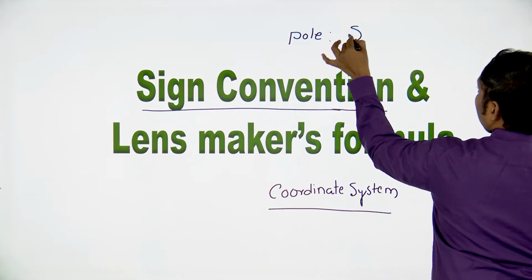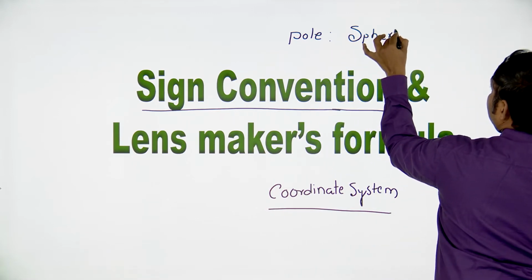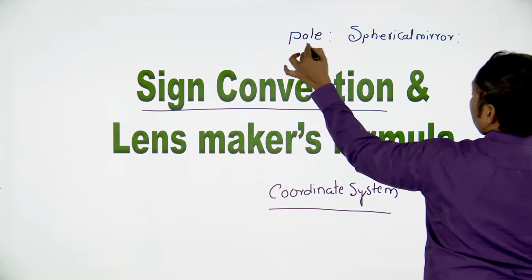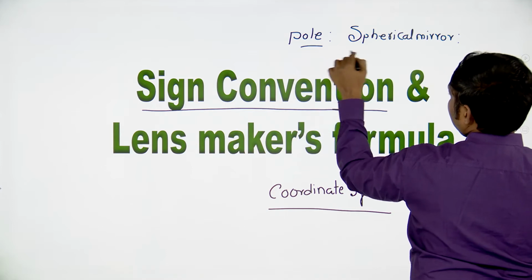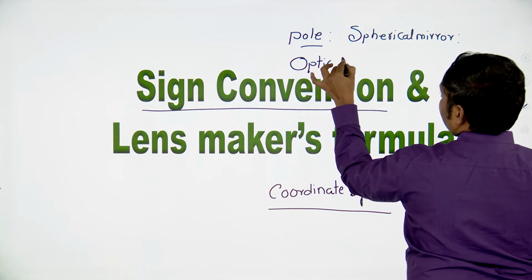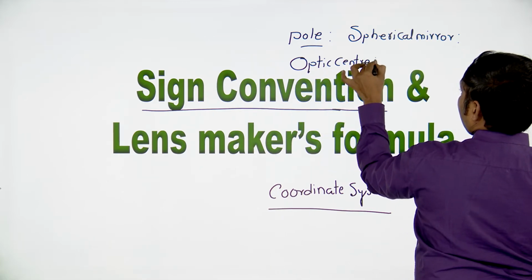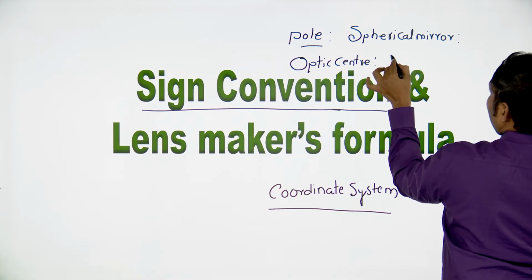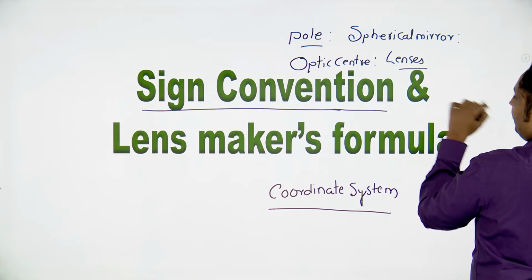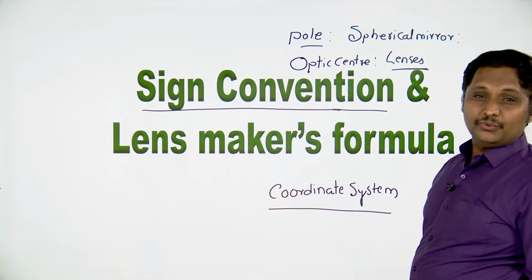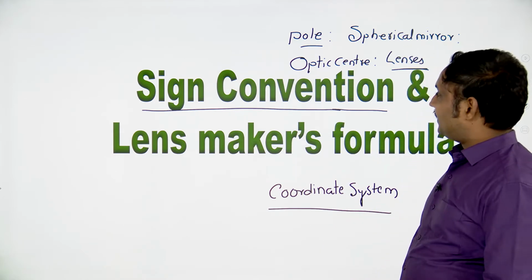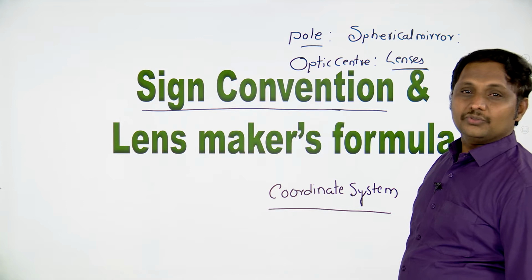In case of spherical mirrors, we take this from the pole. Optic center, we take in case of the lenses. That is very clear. From a fixed point, we are going to take the measurements.